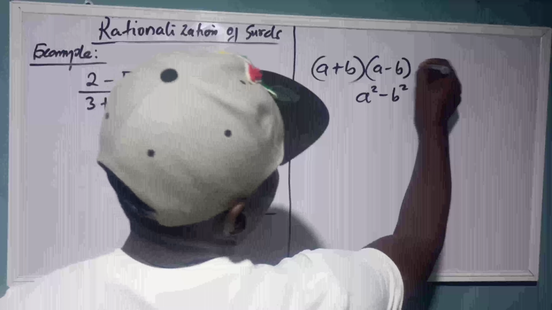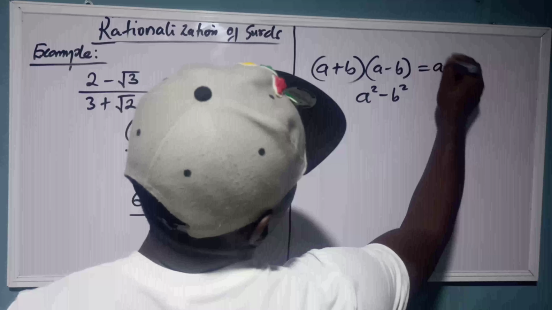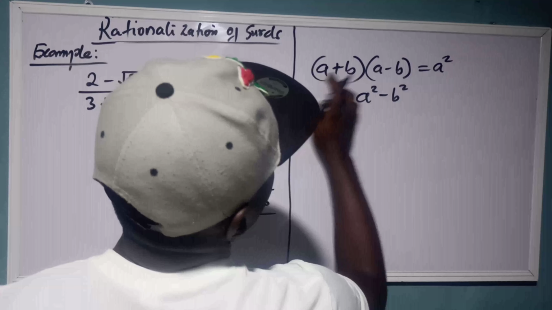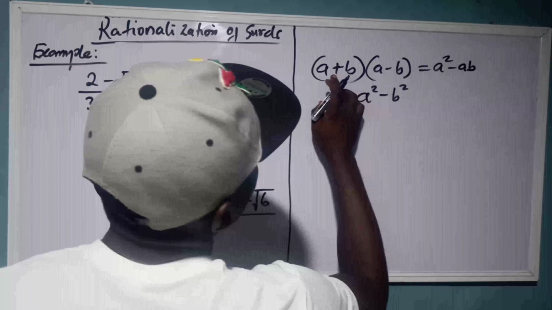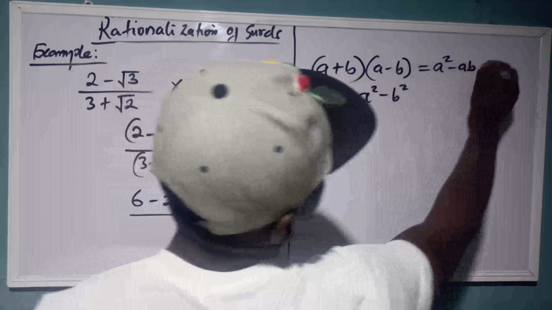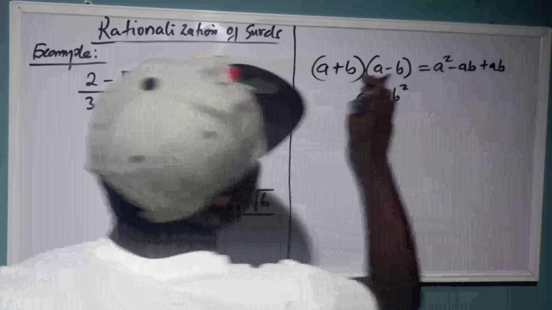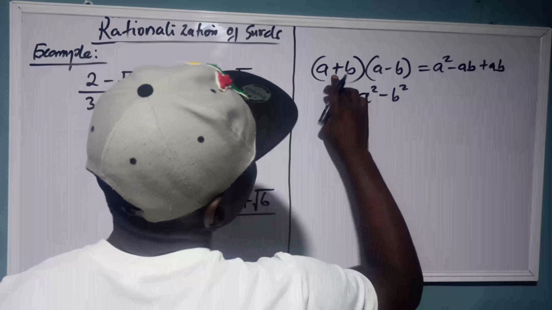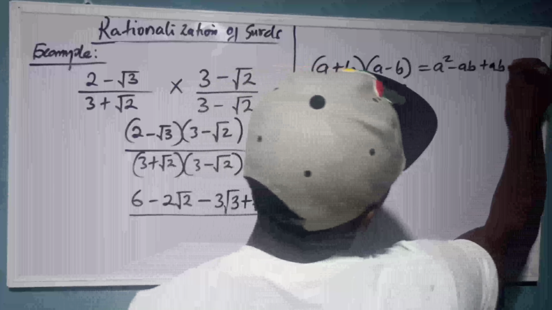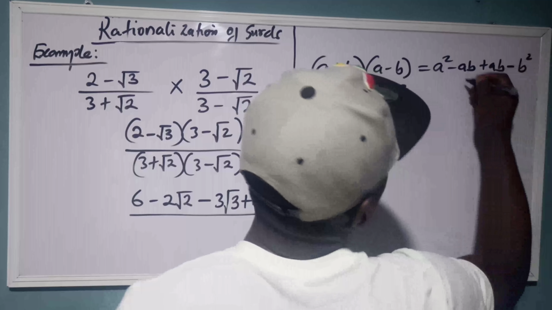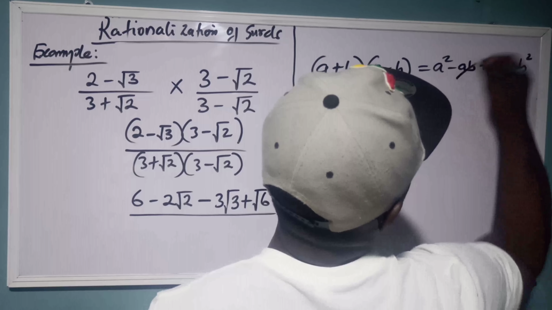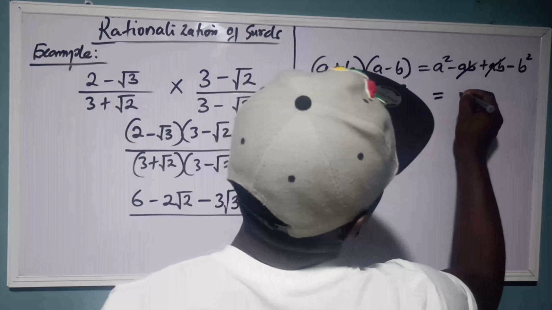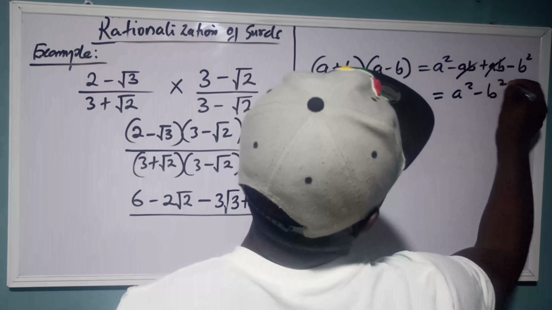Or let me just show us. This times this will give me A squared. A times minus B will give minus AB. Positive B times A will give me positive AB. And then positive B times negative B will give me negative B squared. So minus AB plus AB will take off, and you are going to be left with A squared minus B squared.